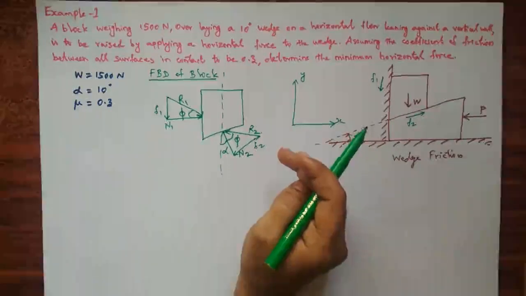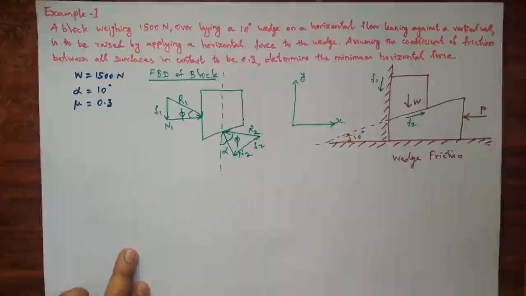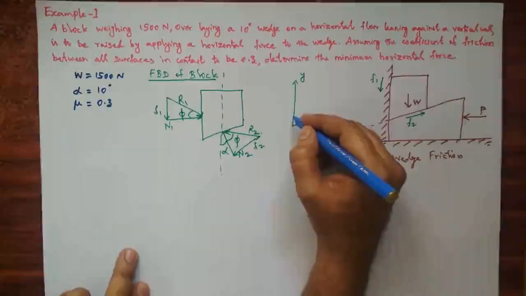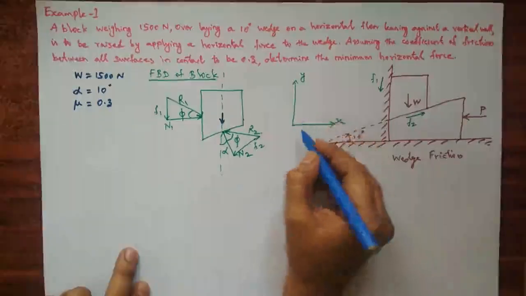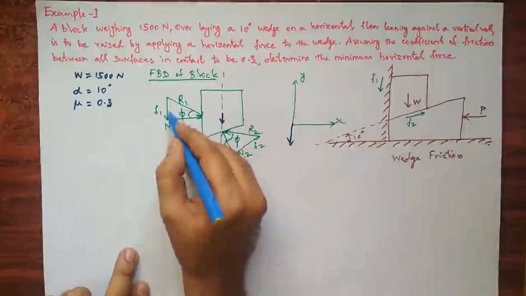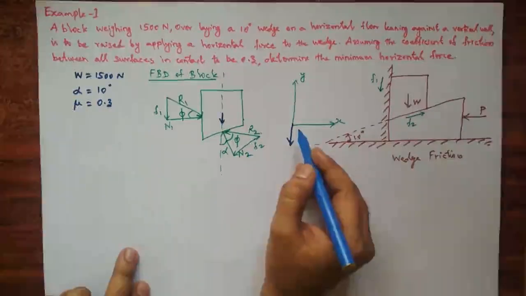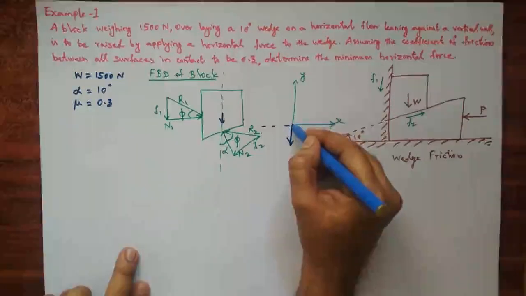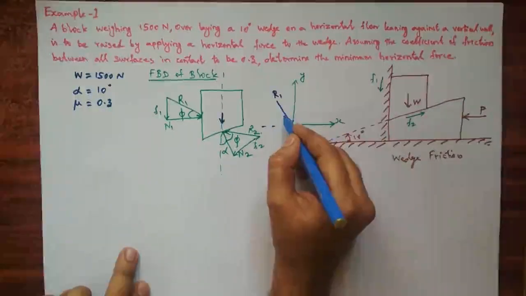Here, in the free body diagram, I am taking only forces. The weight of the block is acting in the downward direction. I am taking only the resultant forces, because I am replacing these two forces with the resultant force R1, similarly R2. So this is my R1, it makes an angle of phi.